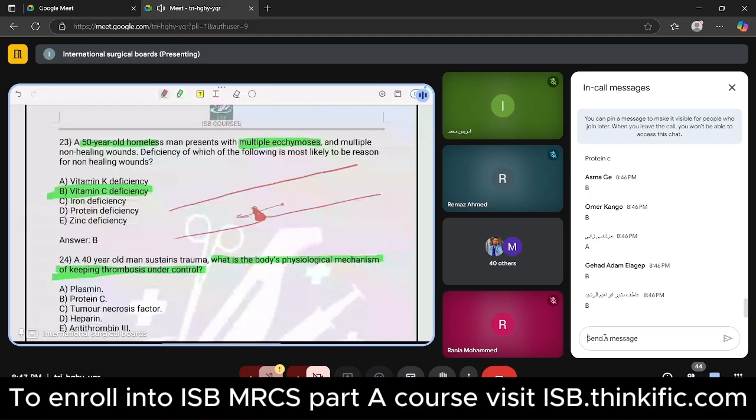It should be kept at the site of injury, right? So how does the body do this? That's the meaning of this question. You have to understand what they want, because that's important. If you understand the question very clearly, you will answer. So they mean physiologically how the thrombus is kept under control, at the site of injury, after a trauma event.